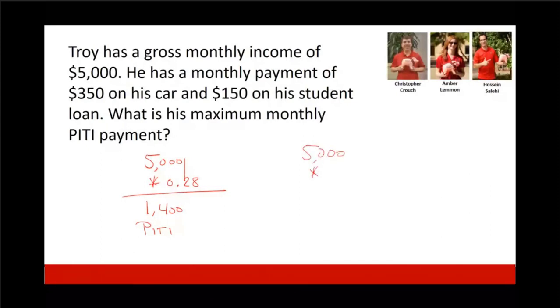The second ratio is that 36%. So if we do the 5,000 times 0.36, we get 1,800. What is this 1,800? That's the maximum of all debt, right?